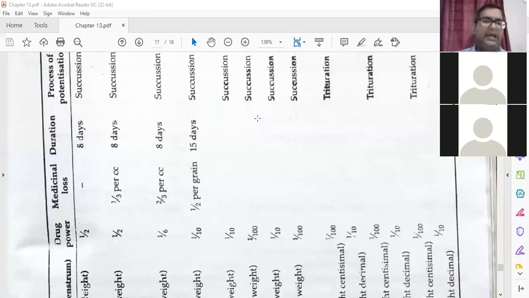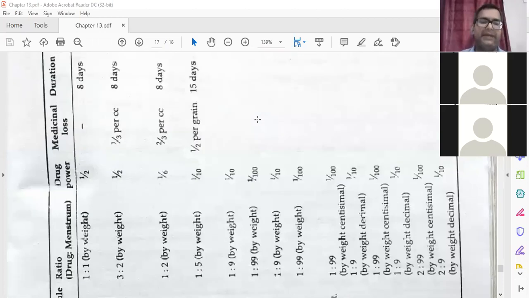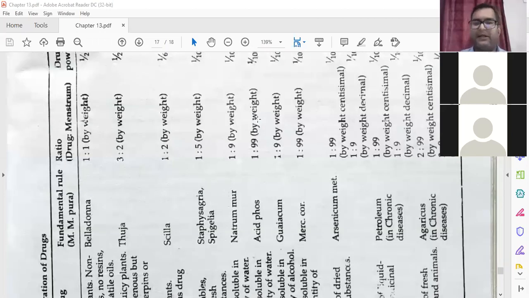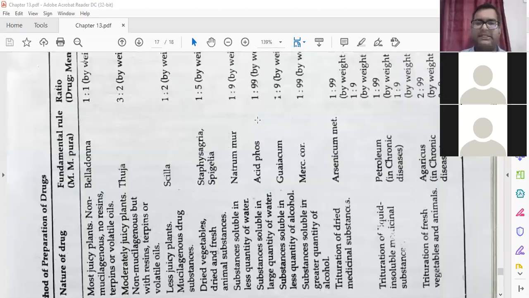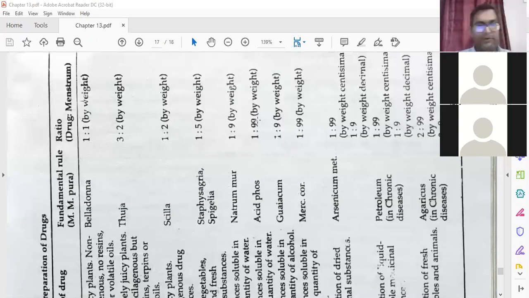Now we have this table. Again, this table is very much important. If you have the book, open your book, because actually I have taken the photo wrongly. It should be a little rotated so that you can see all the things.